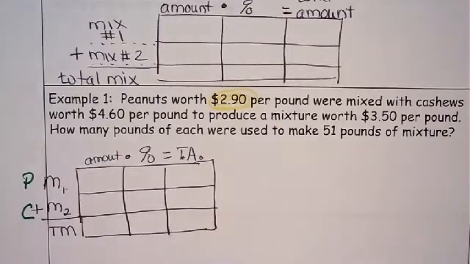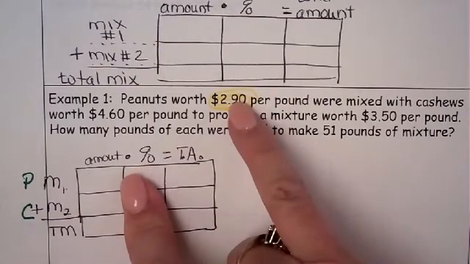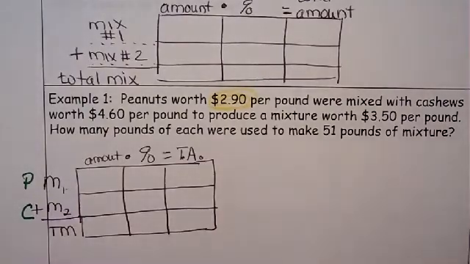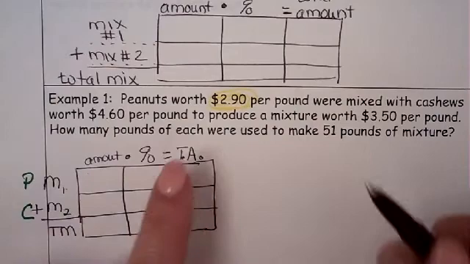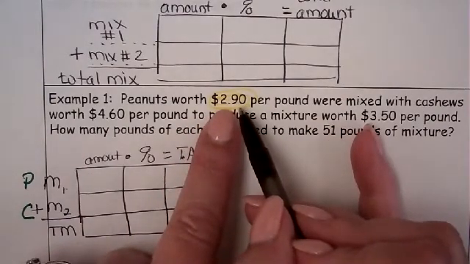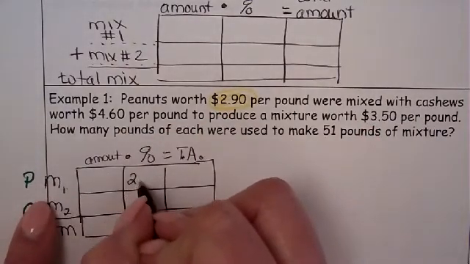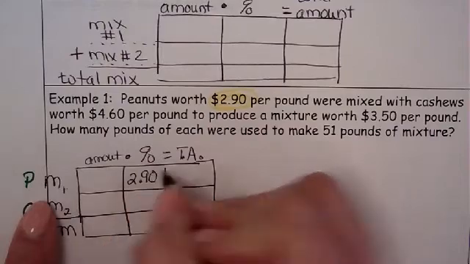Now, let's talk about this percentage. Sometimes the percentage is actually going to appear as a dollar amount. So if it tells me that peanuts is worth $2.90, I'm going to put $2.90 right there for peanuts.